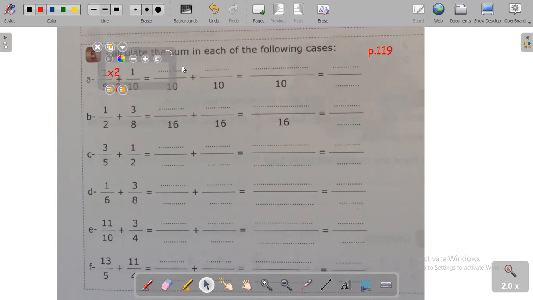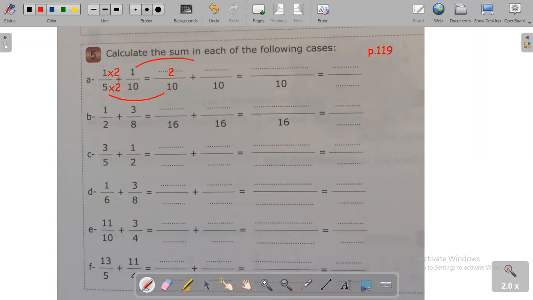1 times 2 equals 2. So this fraction will be here: 1 times 2, 2. 5 times 2, 10. Plus which fraction?